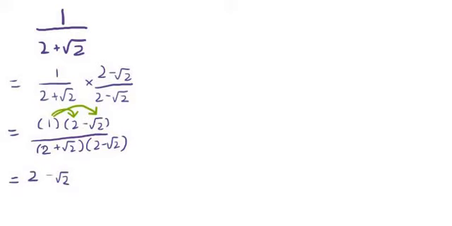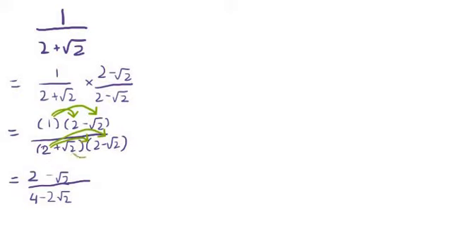But 2 times 2 down here on the denominator is 4. Then 2 times minus root 2 will be minus 2 root 2.